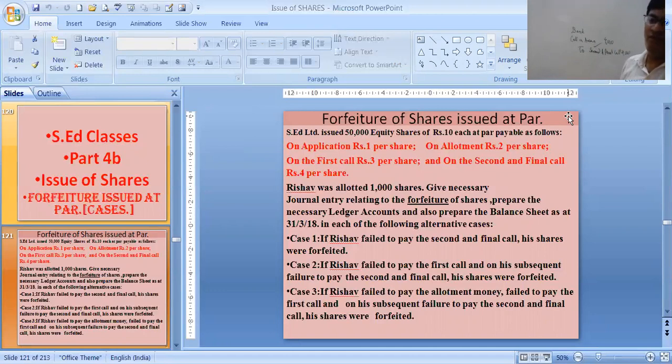Now we have to pass the forfeiture entry. The calls in arrear entry was not asked. What is asked is the forfeiture entry only. Let's understand it. When we forfeit the share, what is the journal entry?